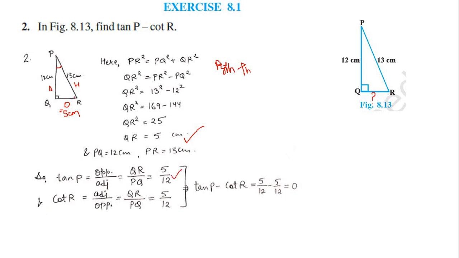For cot R, you can observe for angle R, this will become the adjacent and this will become the opposite, right? So for cot R, we write QR by PQ. QR by PQ also will give you 5 by 12, and when you solve them, it will come 0.